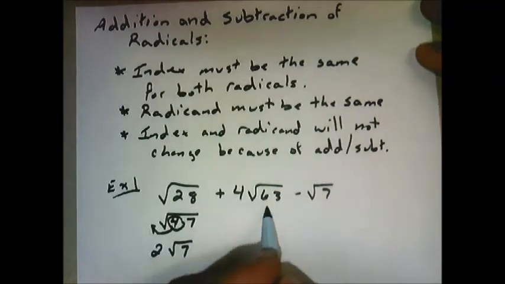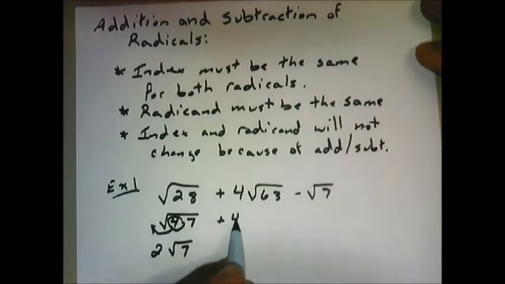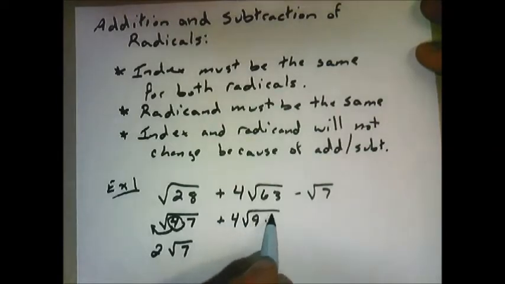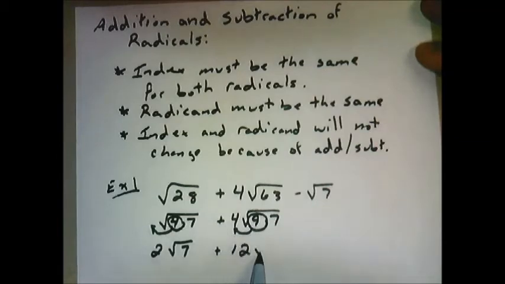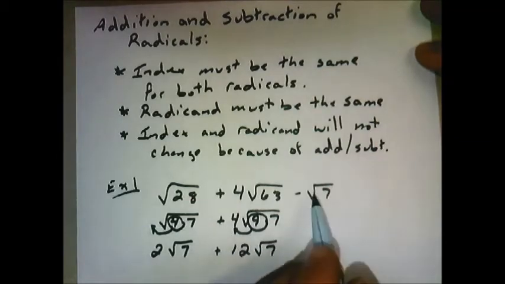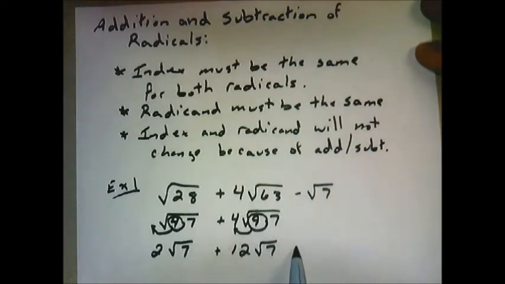The square root of 63 we can simplify into 4 square roots of 9 times 7. Square root of 9 is 3, so we get plus 12 radical 7. Radical 7 does not simplify, so we're going to simply bring it down as minus the square root of 7.